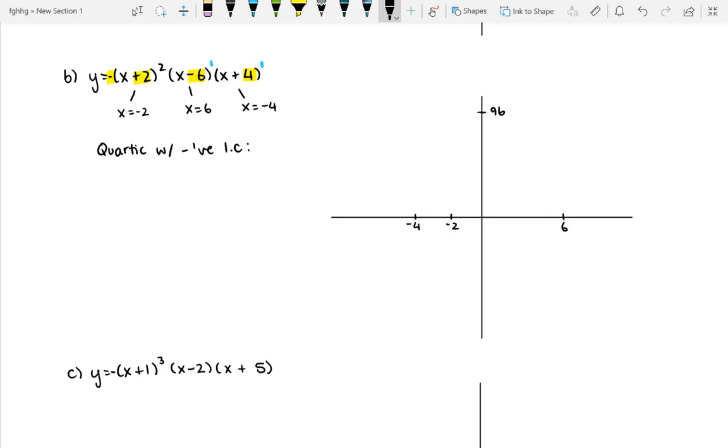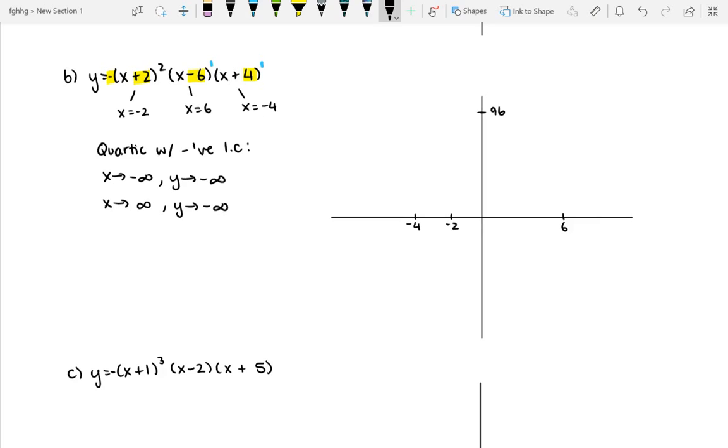A quartic, which is an even degree function, with a negative leading coefficient indicates to me that as x is approaching -infinity, y is also approaching -infinity. As x is approaching +infinity, y is still approaching -infinity. So what this tells me is that my graph will start in quadrant 3, make its way around the graph, and then end off in quadrant 4.